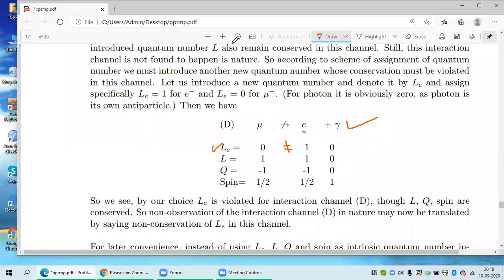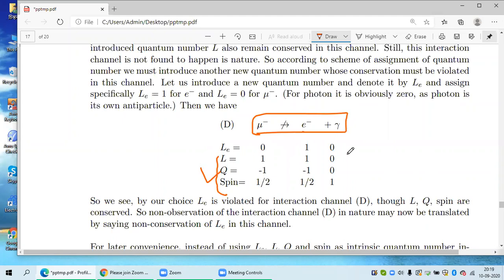Sir, I can't understand. This reaction doesn't happen in nature. Clear? This is an experimental statement. Now we need to introduce a new quantum number in such a way that this reaction still doesn't happen, even though all these three quantum numbers are conserved.